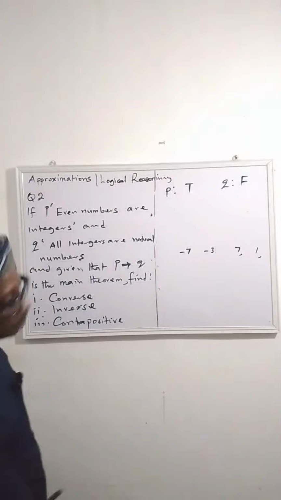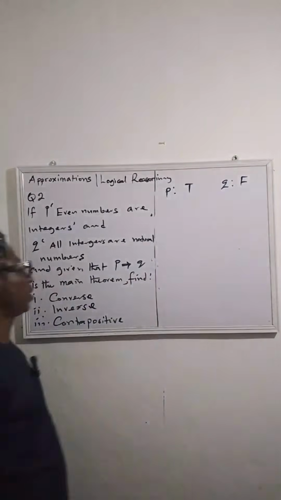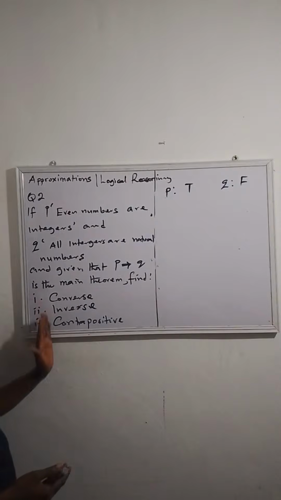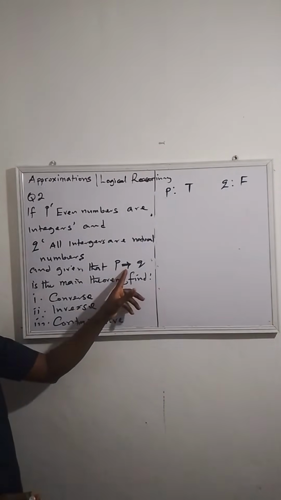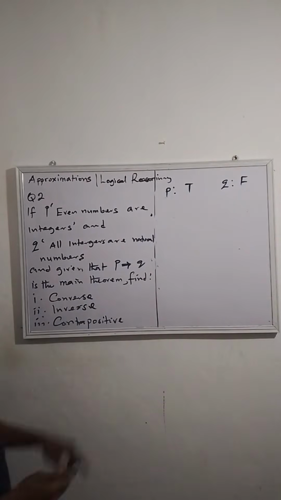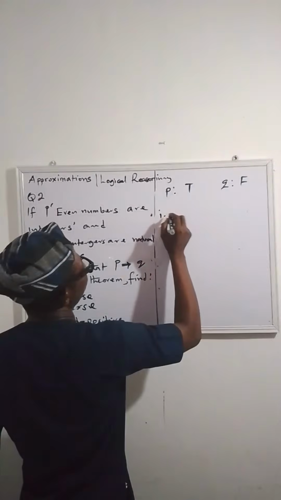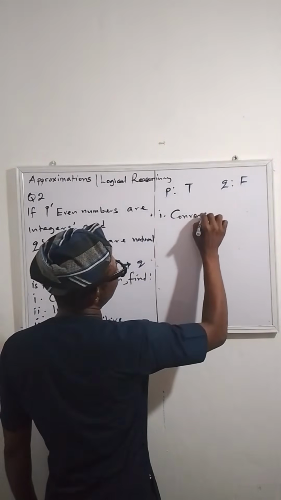So that makes this statement false. After getting this, we can now move down to this. We have been given the main theorem to be P implies Q. Now, what is the converse?